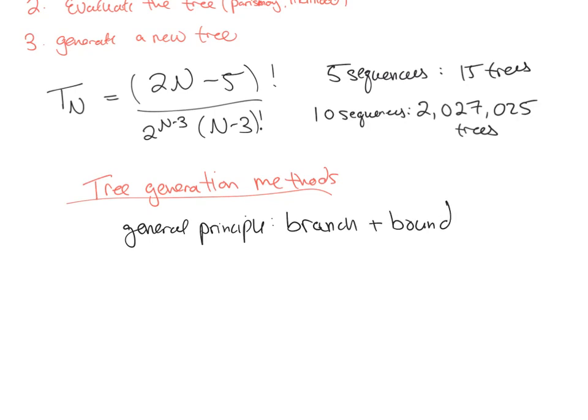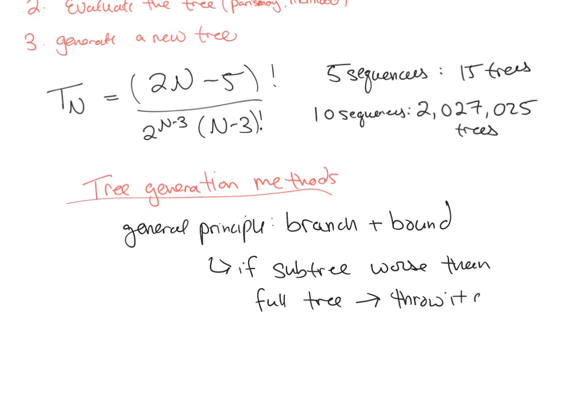Remember when we did neighbor joining, we had subtrees and then we made a bigger tree? These trees are usually like that: you start with subtrees and you grow them. And what this says is that if you have a subtree, and that subtree is worse than a full tree, you throw it out. Because if you add more parts into a tree, your score is always going to get worse. So that's a general principle.